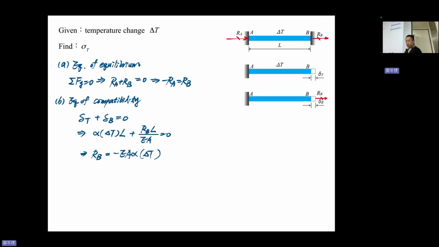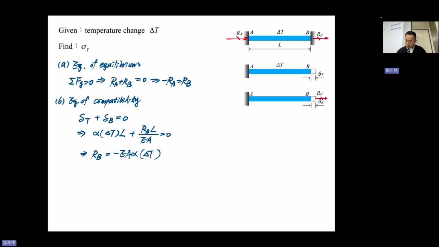So you see your delta T here. You don't know if delta T is positive or negative, right? But we assume that it is positive, so it elongates. You assume increasing temperature, so everything we assume in the positive direction. Delta T positive elongates, and RB to the right hand side elongates.